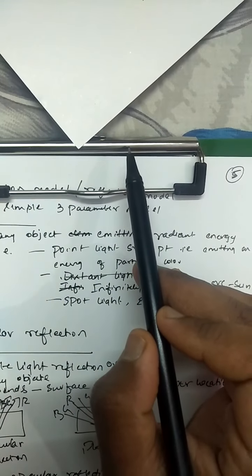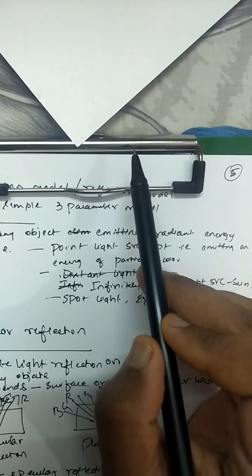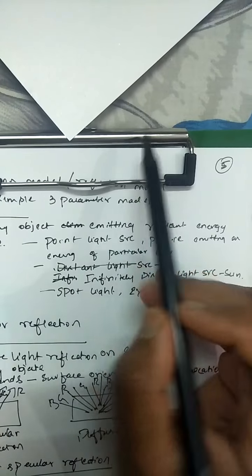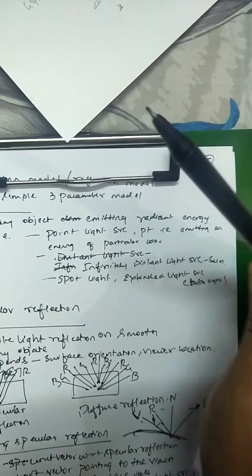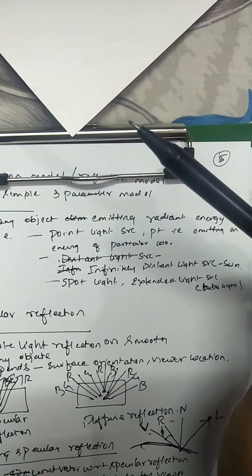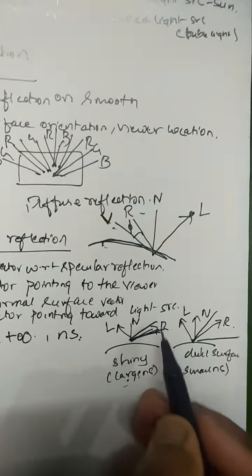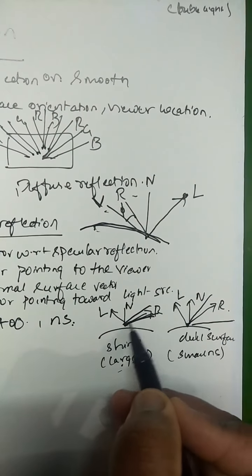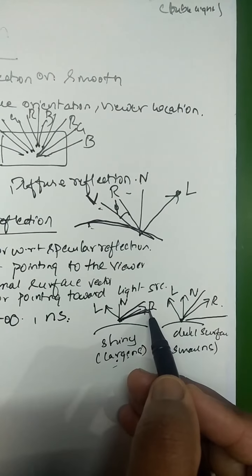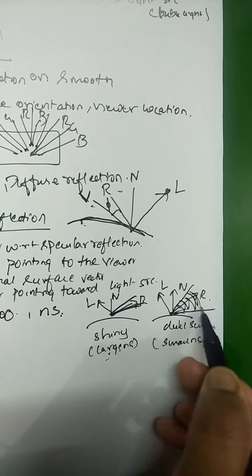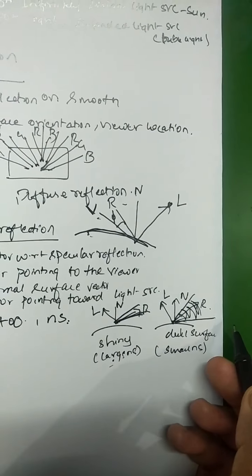We can see a white light being emitted, but it will not be spread very wide, could be this pen nib. The width, the amount of light that is reflected back, will be very small, whereas with a dull surface the range will be more, so it gets spread. Fine.